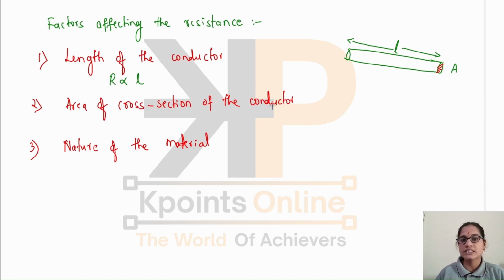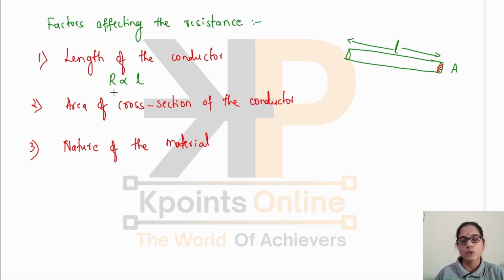Then the area of cross section of the conductor. You see here, this is the area of cross section. As the area of cross section increases, the resistance decreases. It will offer less resistance to the flow of electric current, as more amount of charges can flow. So more the area of cross section, less will be the resistance.